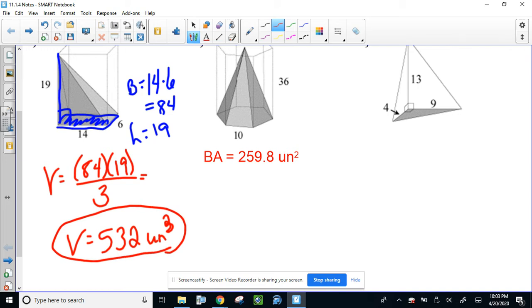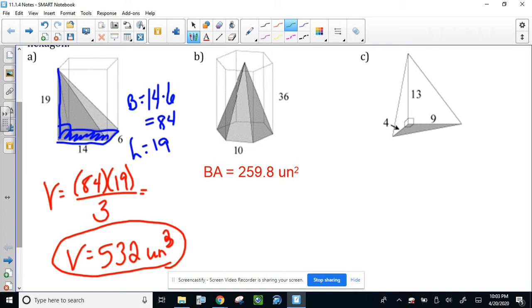This one is even easier, because even though we do have a hexagonal pyramid, it's a right pyramid, we can see here, straight up and down the height would be the same as the height on the outside. They gave us the base area already, so that works out really nicely. So we know our height then has to be the 36.